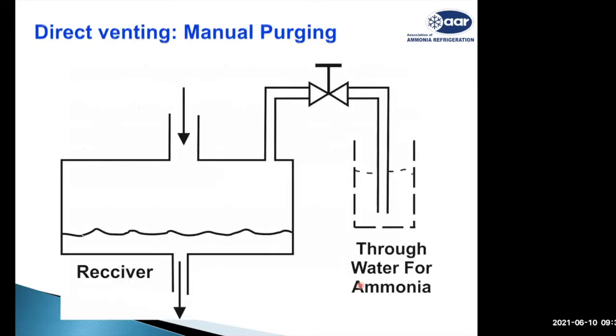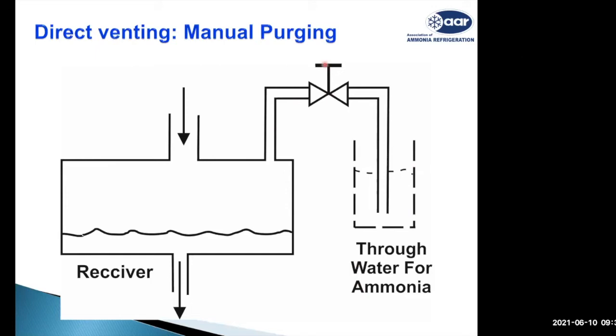Let's talk about direct venting or manual purging. Normally, direct venting or manual purging is done at the receiver and the inlet of the condenser. Typically, you will have a purge valve, separate from the other valves, installed on the receiver, and it can be put into a bucket of water.